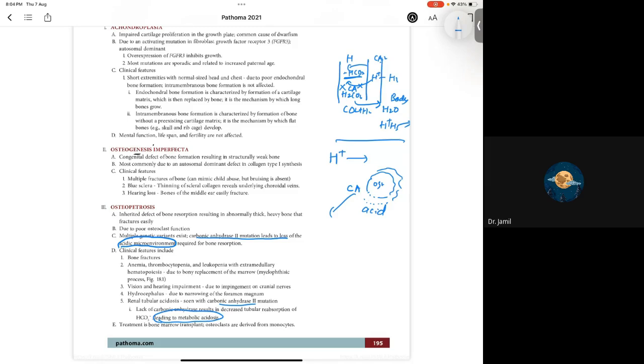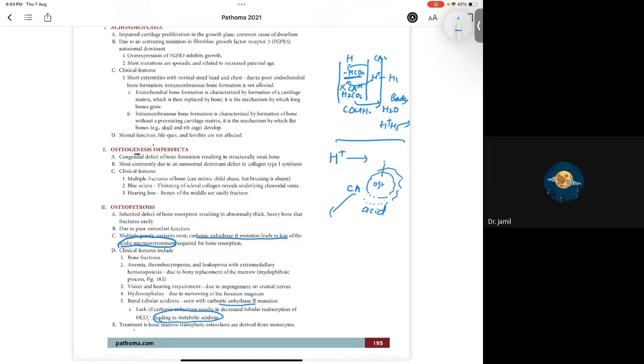So the function of osteoclast depends on that microacidic environment, not on the macroacidic environment. Does it make sense? Yes, sir, understood. Thank you.